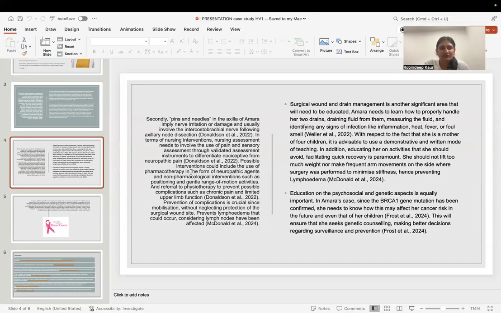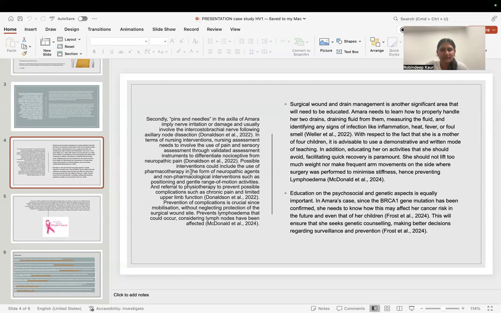Possible interventions could include pharmacotherapy in the form of neuropathic agents, and non-pharmacological interventions such as positioning and gentle range of motion activities, and referral to physiotherapy to prevent possible complications such as chronic pain and limited upper limb function.